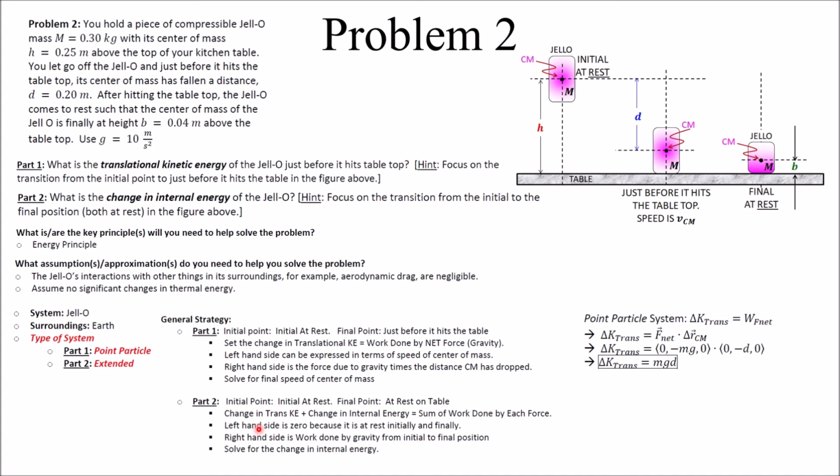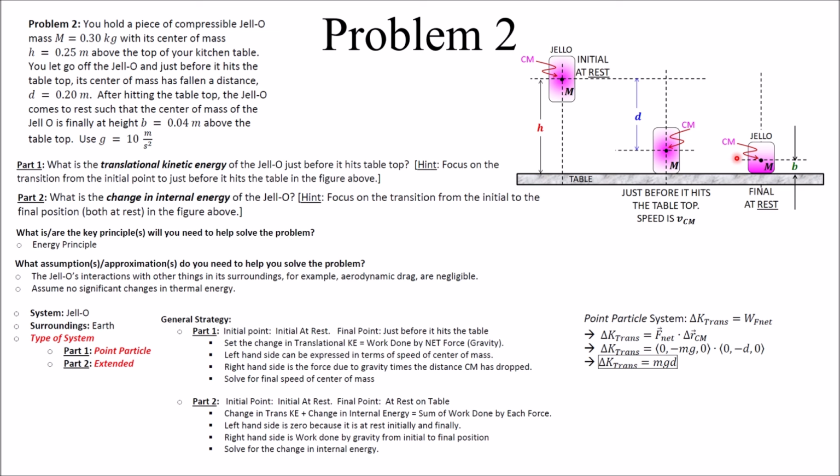The left-hand side is going to be 0 because it's at rest initially and finally. Overall during that process, there was no change in kinetic energy, which is interesting to think about.